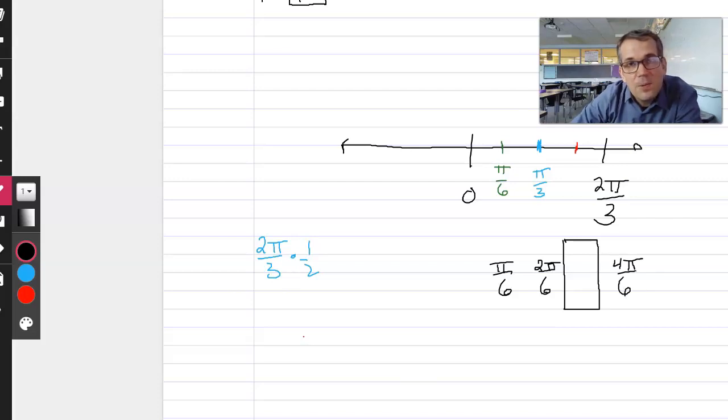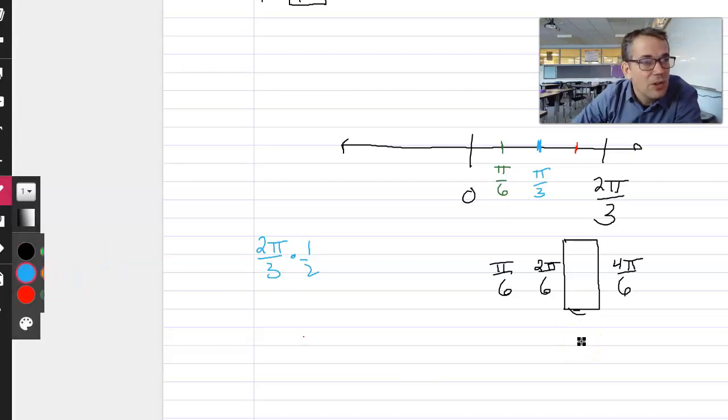So what goes in here? Maybe you see it right away, maybe you don't. If you don't see it right away, tell your brain to ignore the pi's and ignore the 6's. The advantage of getting all the denominators the same is, if you're looking for a pattern, you can ignore the denominator, you know it's going to be over 6. If they all have a pi in them, you can ignore the pi.